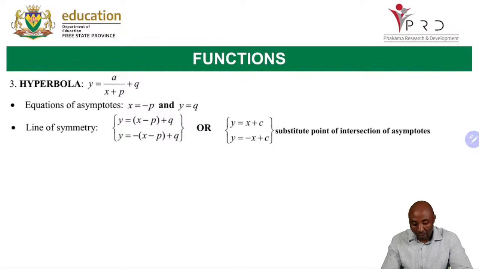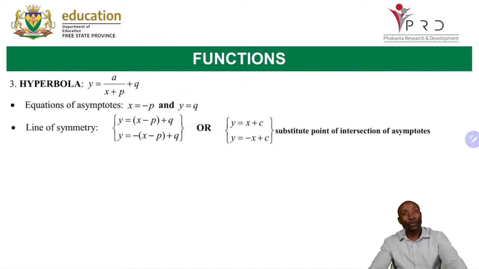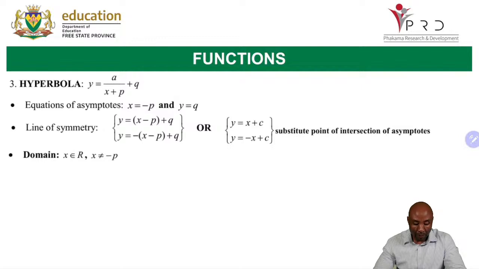Or we use y is equal to x plus c, then we substitute the point of intersection of our asymptotes. We can use that. And also the domain, its x is an element of real numbers, but x is not equal to -p, which is our vertical asymptote. Then we have the range. Y is an element of real numbers, but y is not equal to q, which is our horizontal asymptote.